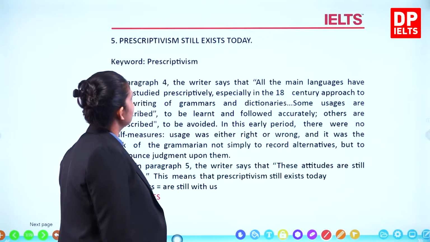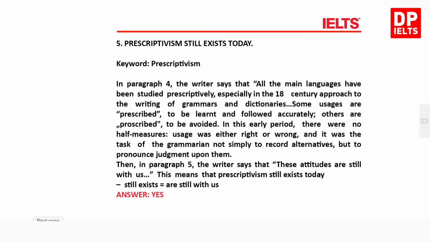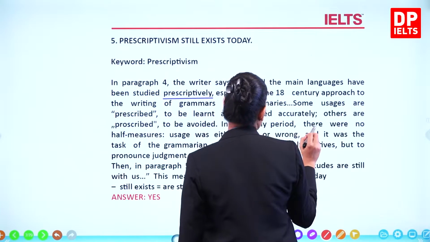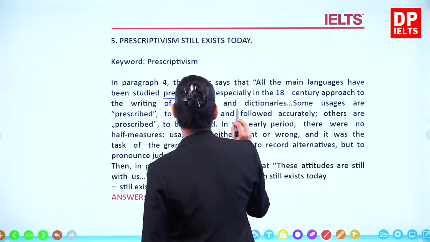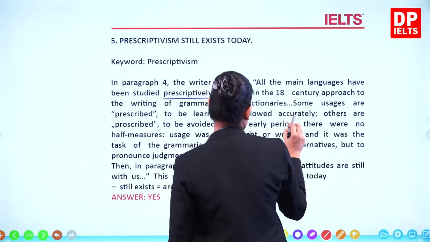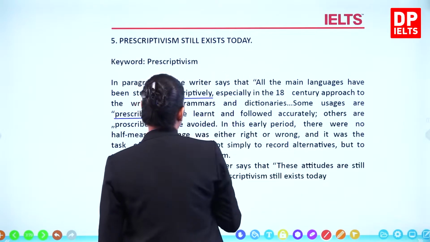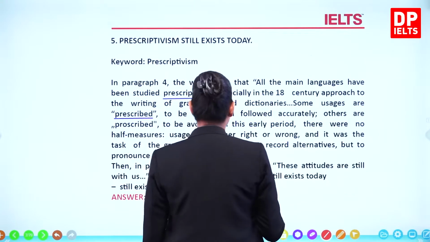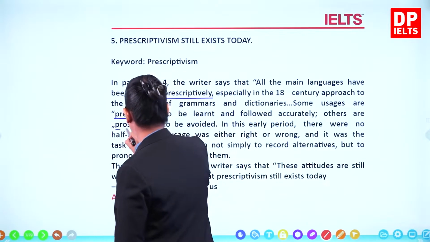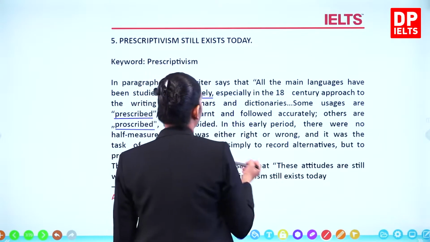Prescriptivism still exists today. Go to para 4. The writer says, all the major languages have been studied prescriptively, especially in the 18th century approach to the writing of grammars and dictionaries. Some usages are prescribed to be learned and followed accurately, others are proscribed, to be avoided.